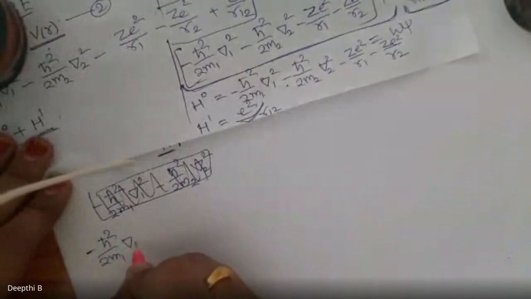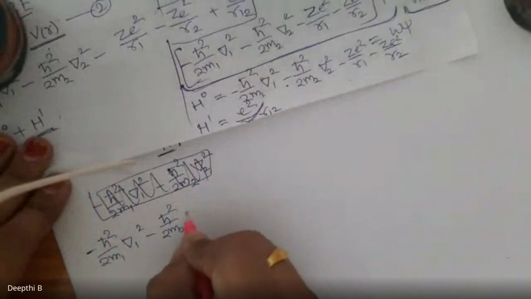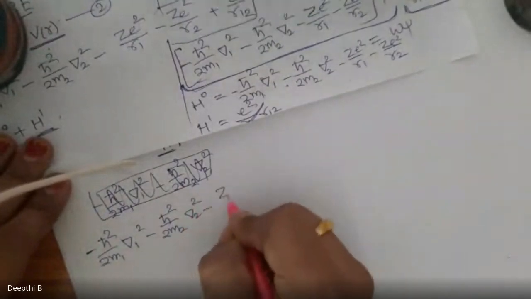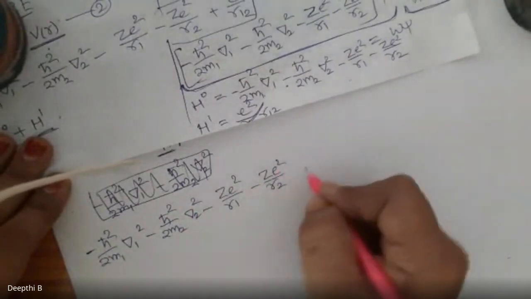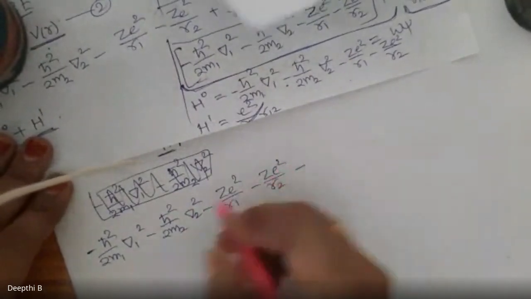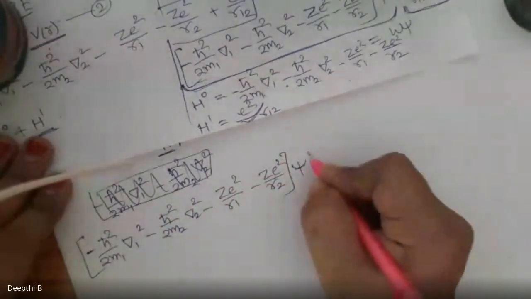This is equation 3, students. This is the first time writing it, then I will do it. Don't be confused. What is it? Minus h cross square by 2m1 del 1 square minus h cross square by 2m2 del 2 square minus Z square by r1 minus Z square by r2, the whole acting on psi naught.